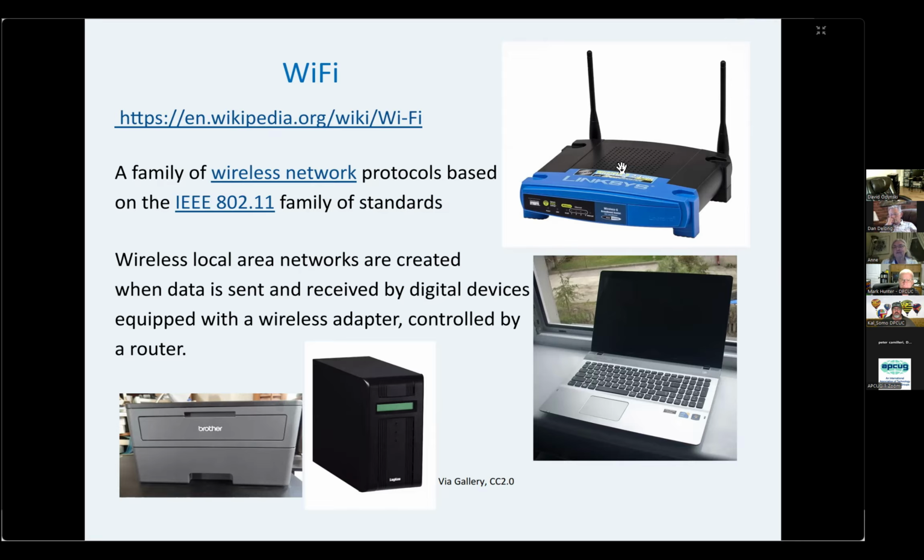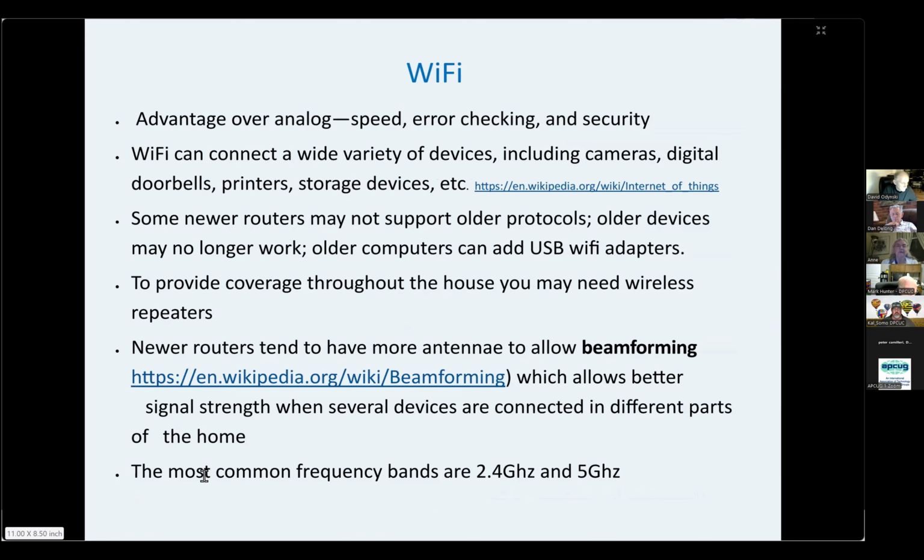And then you know that your laptop or desktop has one. And actually, one of my laptops was so old that the wireless adapter wouldn't work anymore, and I had to get a dongle to put in. And so you can hook up all kinds of different things to your wireless, and you probably have.